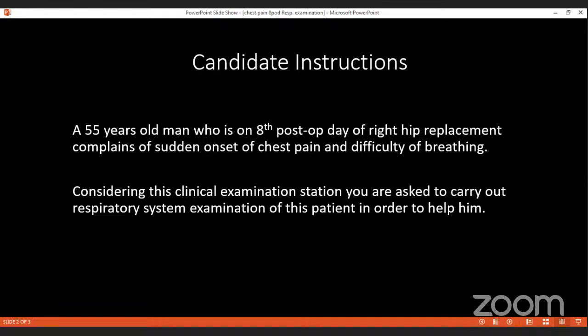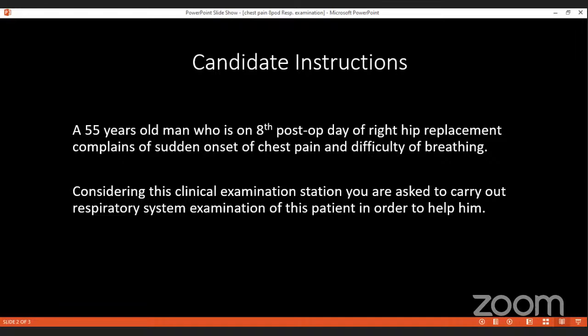First of all, I'll take bloods for ABGs and lactate. I'll take blood for U&Es, and also for D-dimer and troponin, in case the patient may have MI, myocardial infarction.